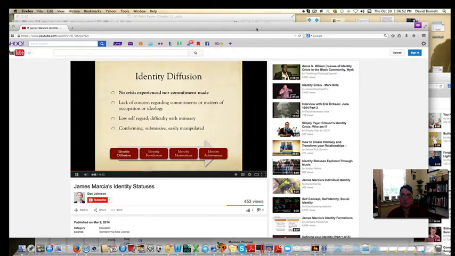So the least advanced status would be that of identity diffusion, also known as identity confusion. Those classified in this status have not experienced crisis or exploration, nor have they made any commitments. They are identified as having a lack of concern regarding commitments or matters of occupation or ideology, and generally have a low sense of self-regard.